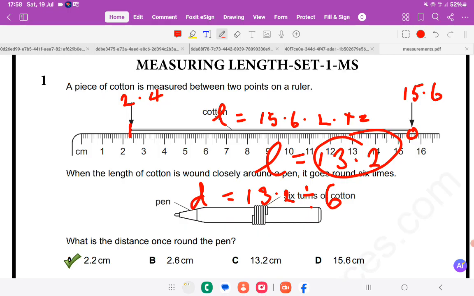Just divide 13.2 by 6. This must give us 2.2. So the answer therefore is A.